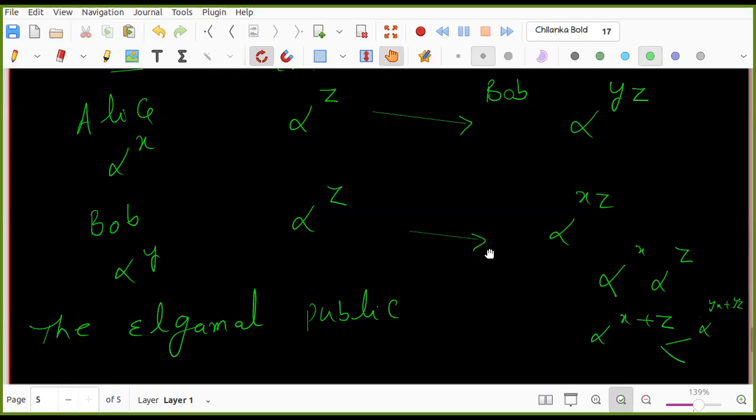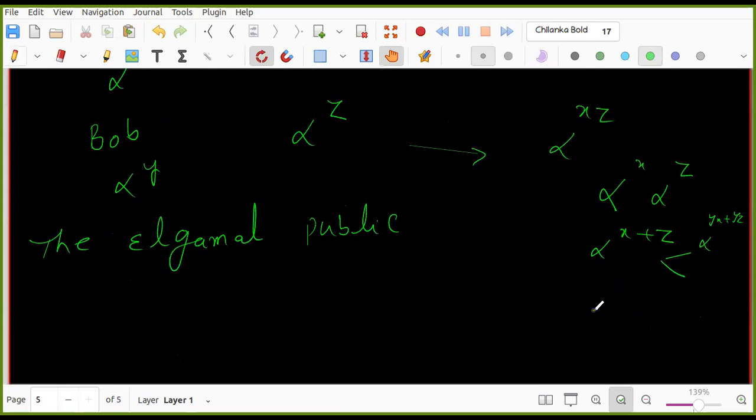Again Eve will send Alice y plus z, and she will compute alpha power xy plus alpha power xz. Okay, so this will not work.